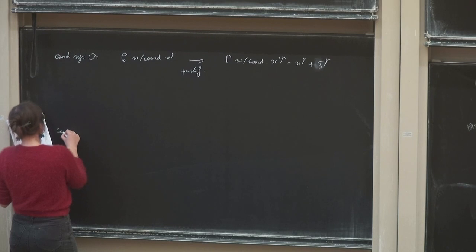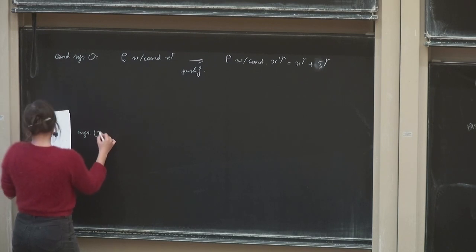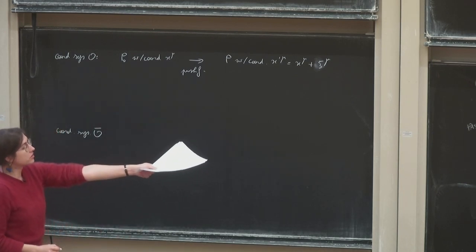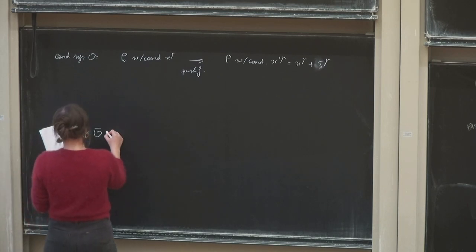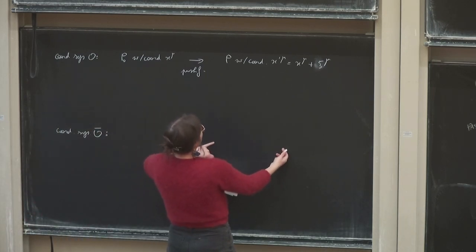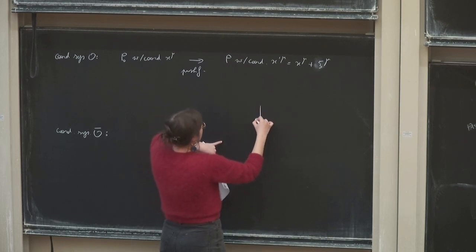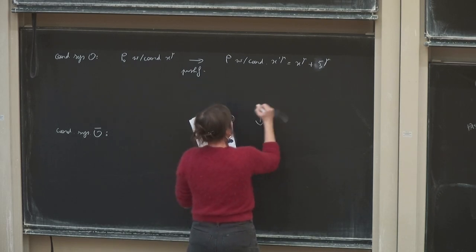So I'm leaving some space to add some things later. Now we introduce this new coordinate system O bar, which is designed to have the property that the new point P is measured at x again. Okay, so what you have to do for that is change of coordinates.